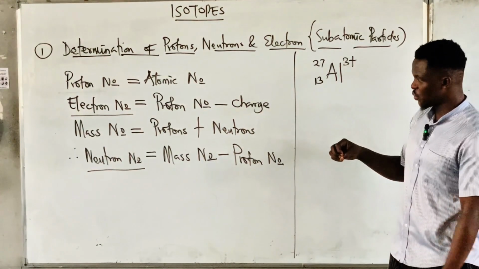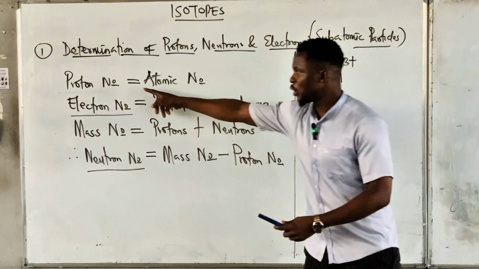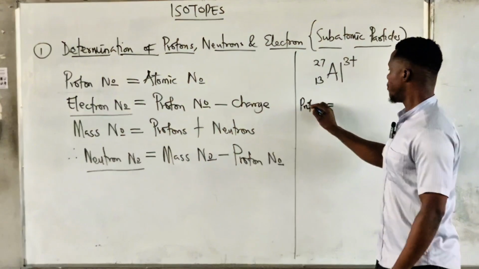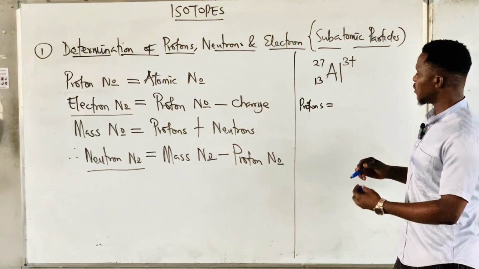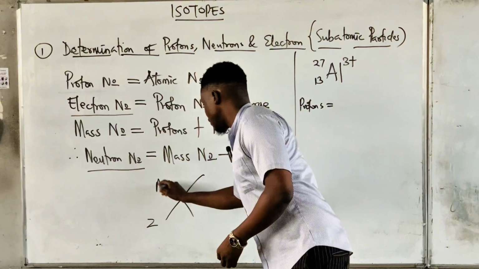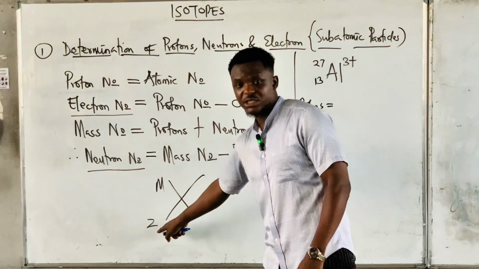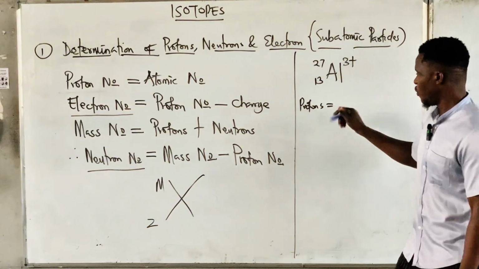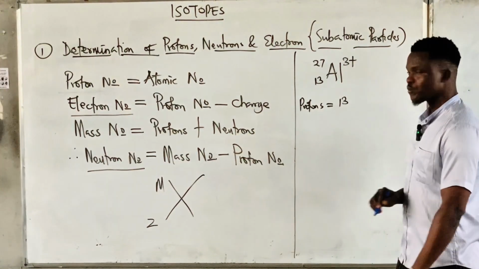So the first thing I'm going to do is my proton number. Remember, based on that stuff I gave to us earlier, the Z was the proton, is it not so? Which is the atomic number. The subscript is always the atomic number, which is proton. This is 13.